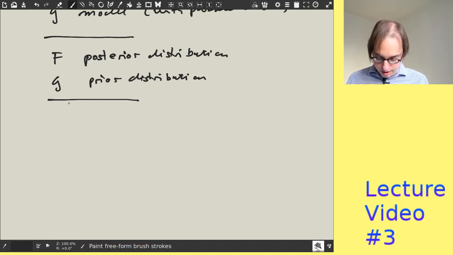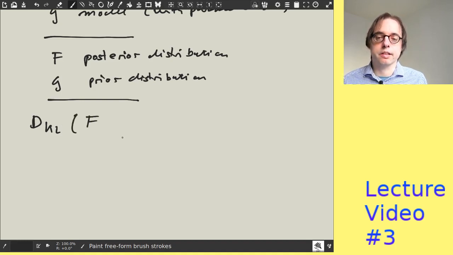So the Kullback-Leibler divergence between two normals. Continuing the example from above, we have f ref and we have f.